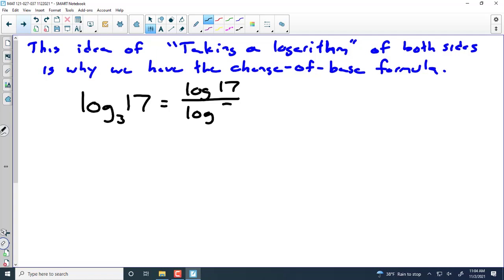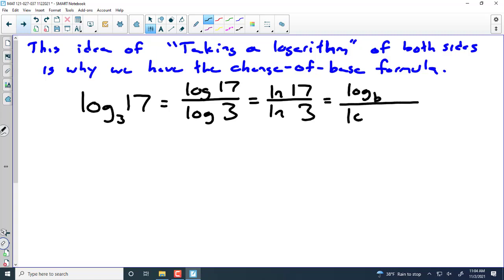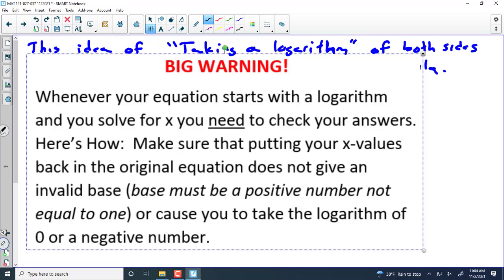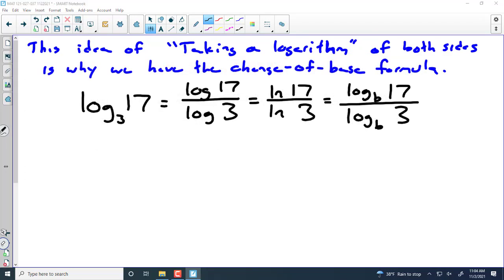I can rewrite with a base 10, or I can rewrite with a base of e, or I can actually rewrite with any base I want. I just pick base 10 or base e in case I need to use a calculator to finish the problem. This was the change of base formula from last time.